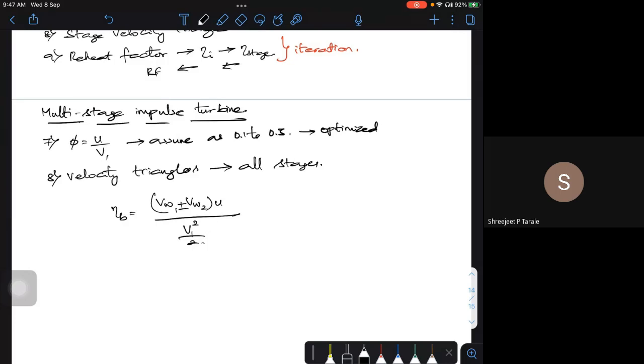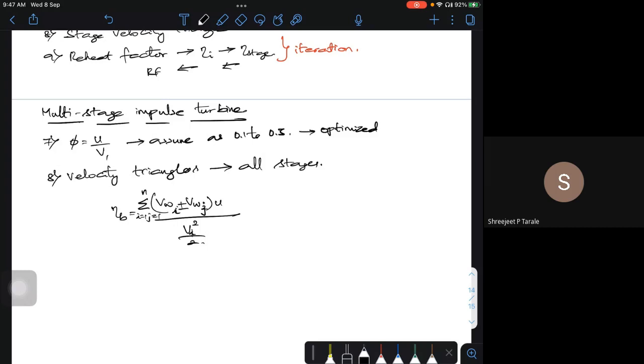What is VW1? It is the whirl velocity. VW2 is the whirl velocity at the exit. So I can generalize it depending upon I equal to 1, J equal to 1 to n number of stages. This can be I, this can be J, and this can be I square. So this is for multi-staging.